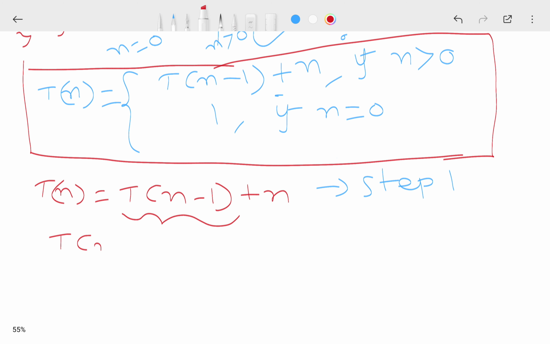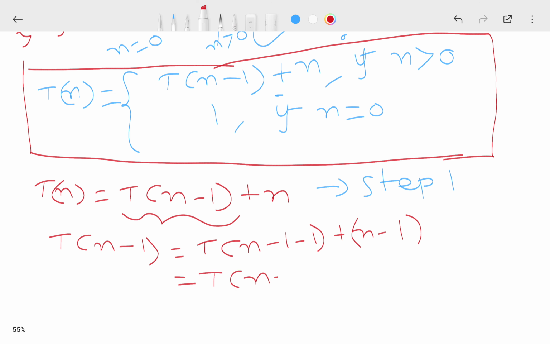T of n minus 1 equal to T of n minus 2 plus n minus 1.